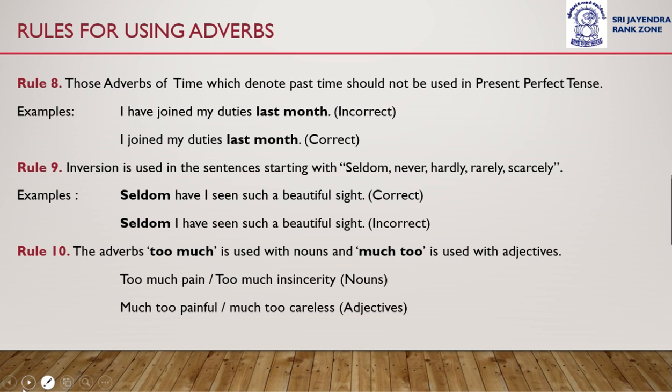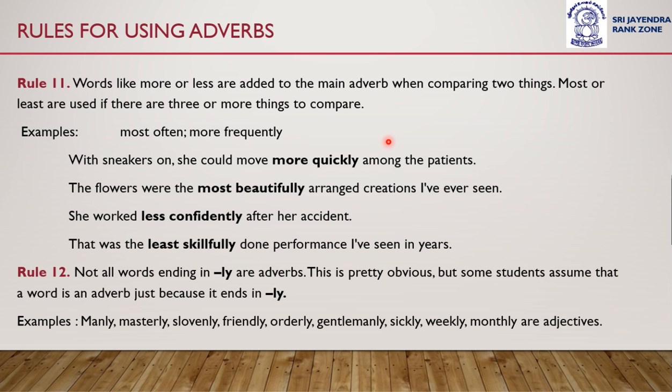Let's move on to rule number 11. Words like more or less are added to the main adverb when comparing two things. Most or least are used. Examples: "With sneakers on, she could move more quickly among the patients."